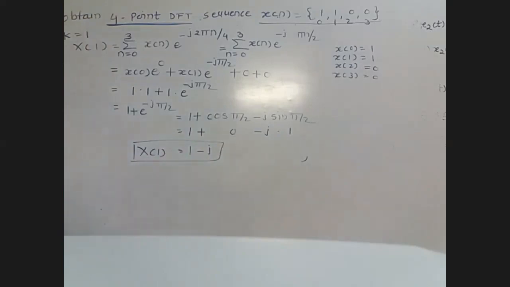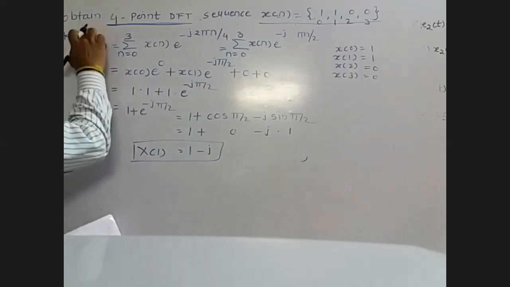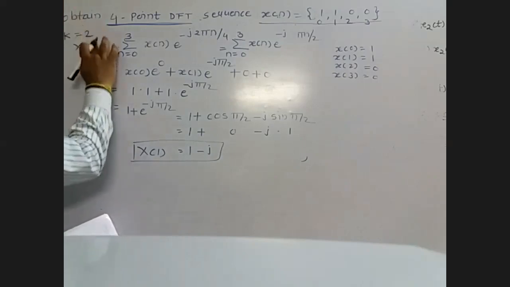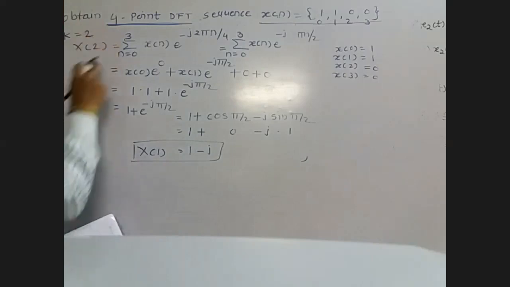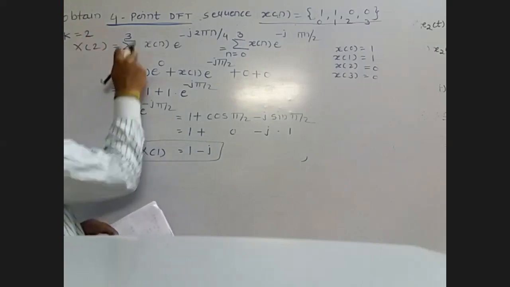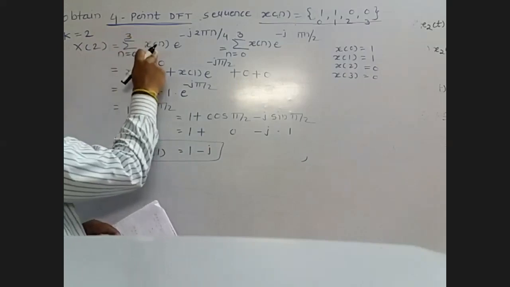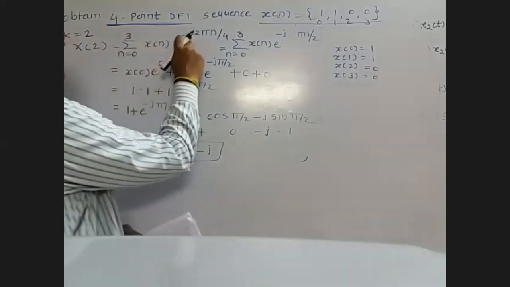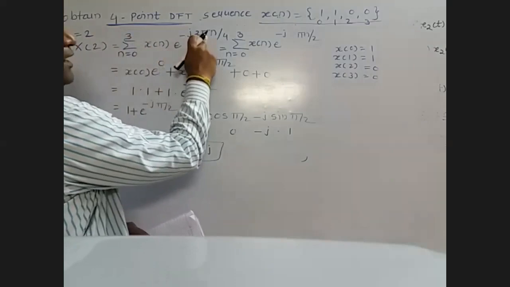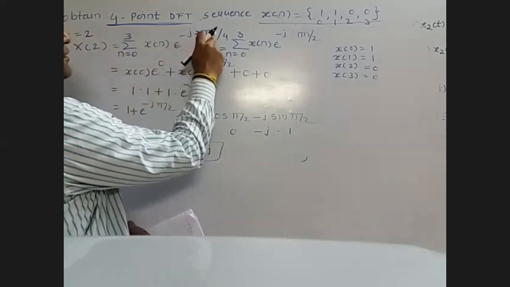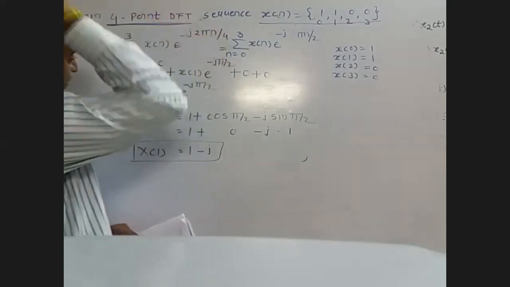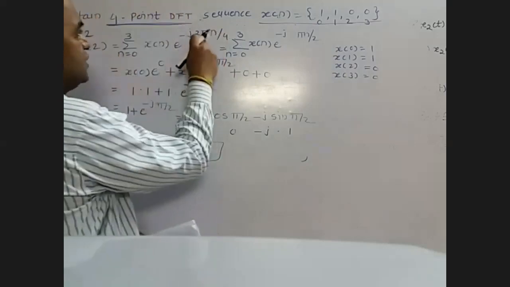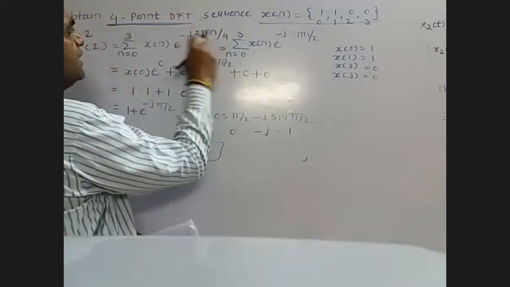Now, this is about the second term. Now I am changing the value of k to 2. If I change the value of k to 2, so that's why n is equal to 0 to 3, x of n e raised to minus j 2 pi n into 2. Okay, instead of 1, here it is 2. So 2 into 2, it is 4. 4 by 4, it is 1.